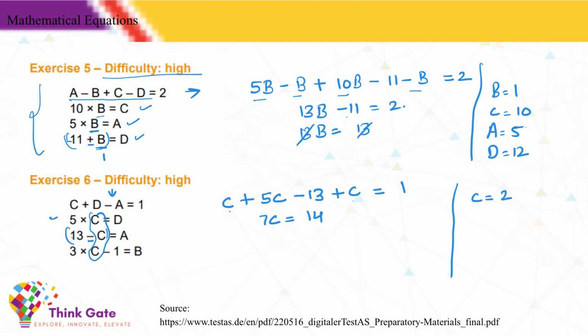Now if the value of c is 2, what will be the value of d? d becomes 10. Now if the value of c is 2, the value of a will become 11, and then we can find the value of b also. If the value of c is 2, then the value of b becomes 3 into 2 is 6, minus 1 is equal to 5. So the value of b becomes 5.